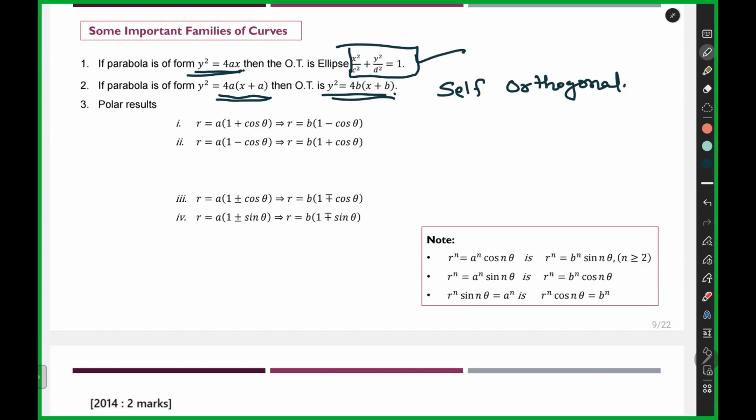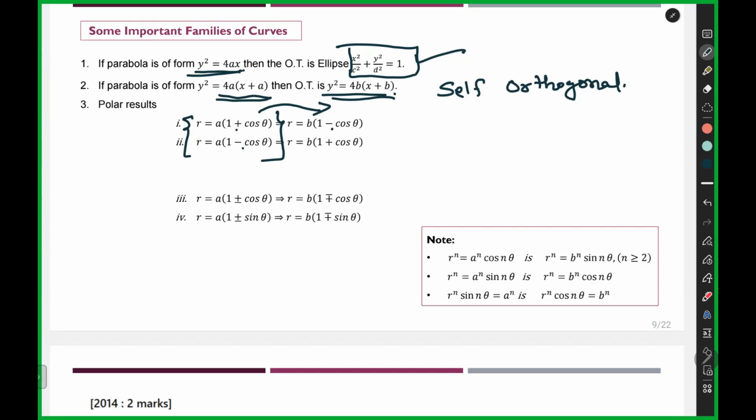And next, there are polar results. If I have r equals to a times 1 plus cos theta family of curves of these forms, then we have an orthogonal trajectory with the replacement of sign plus to minus and minus to plus.